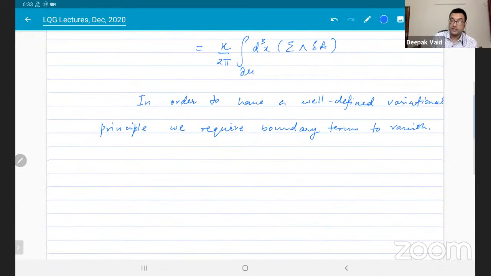When you're doing the variation, you keep the connection, or whatever your variables are, fixed on the boundary.